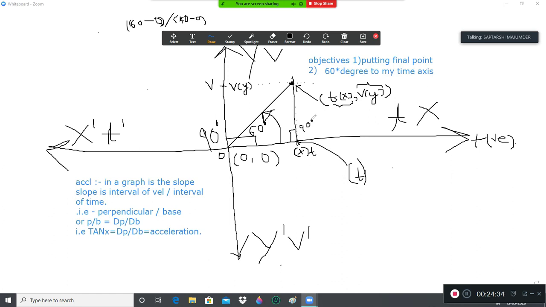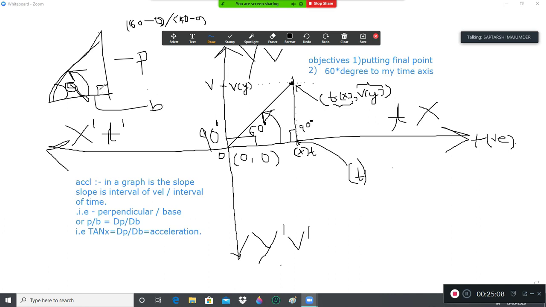Now you have to know trigonometry. In trigonometry, if a triangle is taken and this one is 90 degrees, then this other angle is called theta. So if this is theta, then this is perpendicular and this is base.